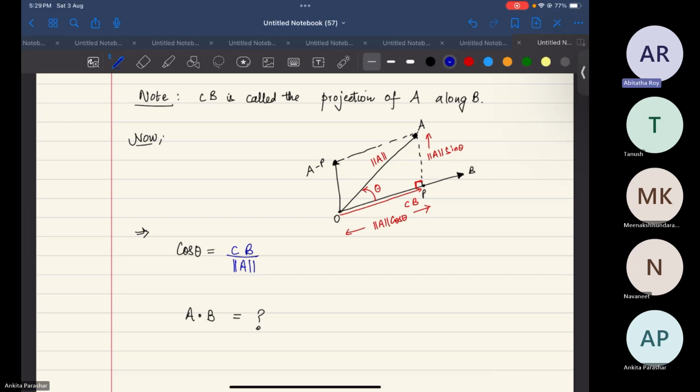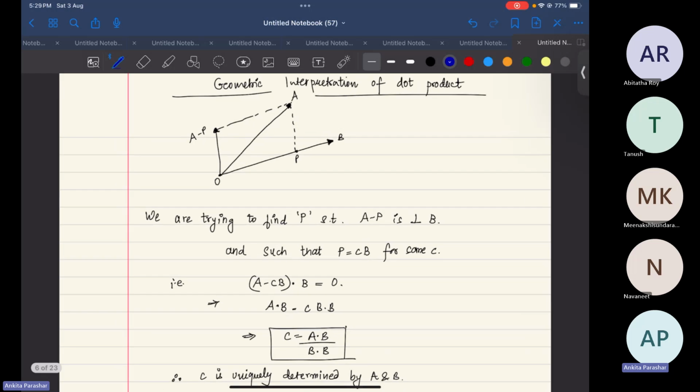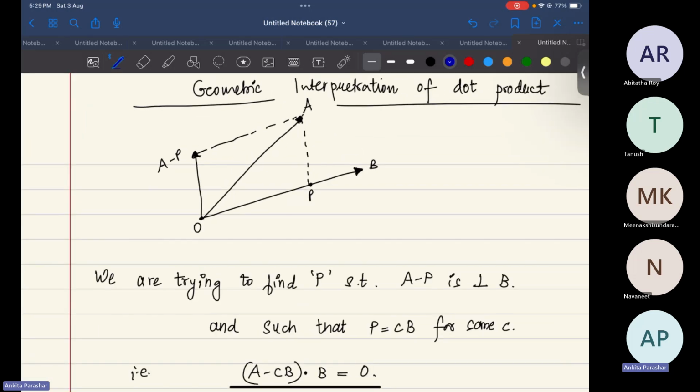Could you repeat this portion from the beginning? Okay, sure. Suppose I want to find a vector which is perpendicular to B and which I have to project from A. I want to project A in such a way that the vector which I project on B becomes perpendicular to B. If I project a vector like this, it is not perpendicular, right?